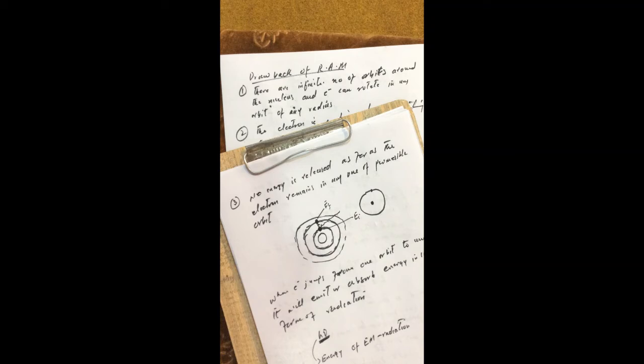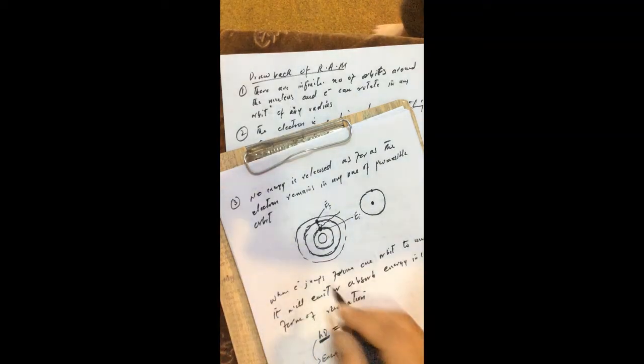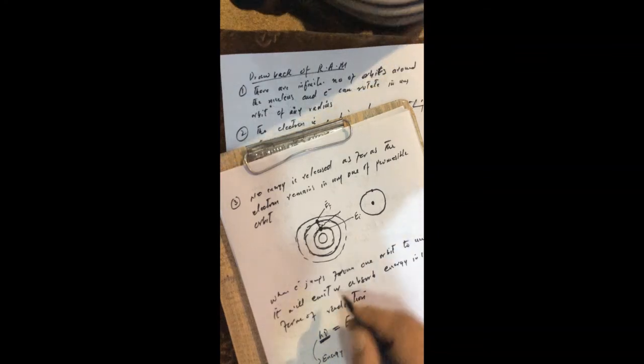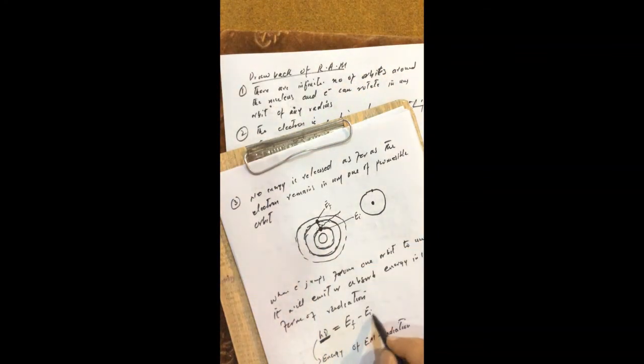So the electromagnetic radiation is absorbed by this electron, due to which it moves from the lower orbit to the higher orbit. So this is the initial and this is the final energy.